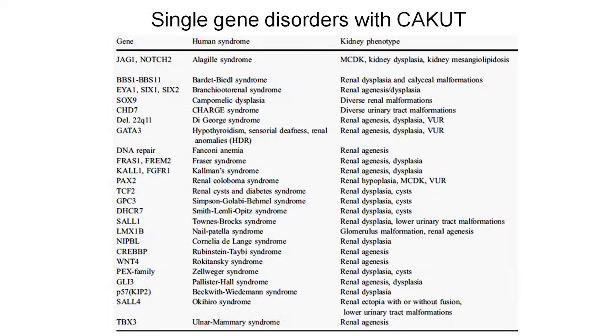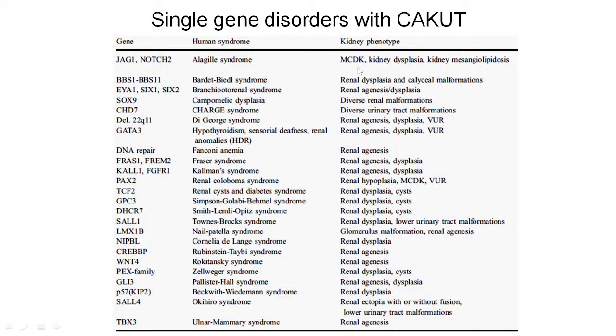Now, as I told you earlier, in CAKUT, the congenital anomalies of the kidney and urinary tract, a lot of genes have been identified in monogenic or Mendelian inheritance as single gene disorders.